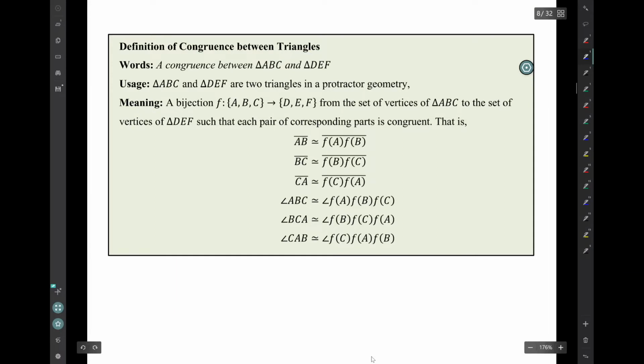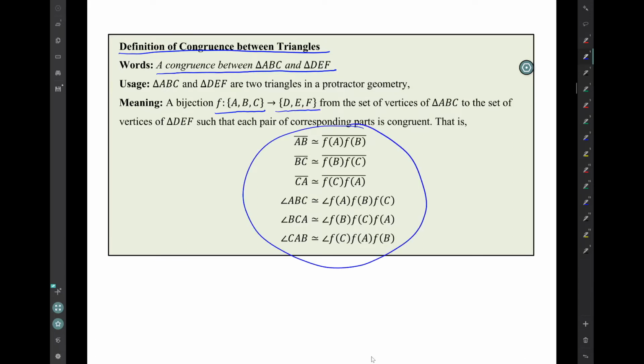And we saw this definition of congruence between triangles. These words, a congruence between triangle ABC and triangle DEF, mean this: a bijection, that is a function from the set of vertices of ABC to the set of vertices of triangle DEF, such that each pair of corresponding parts is congruent. That is, each of those pairs of corresponding parts that were listed in the previous green box is actually a pair of parts that's congruent.